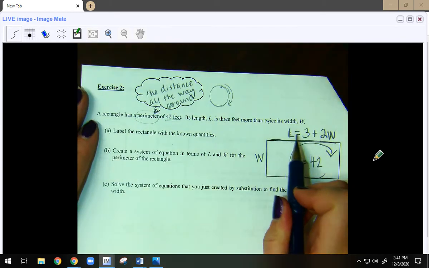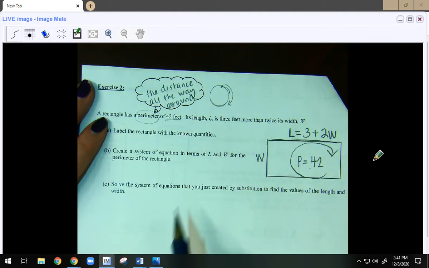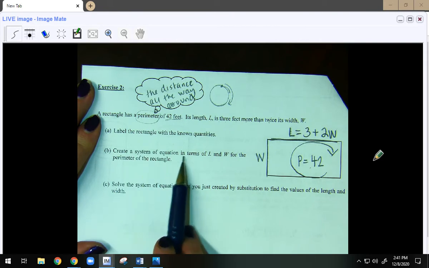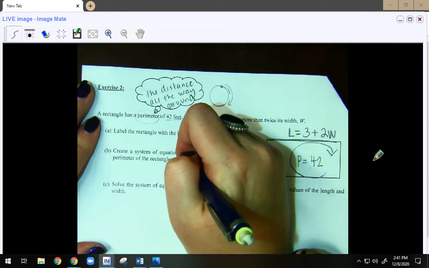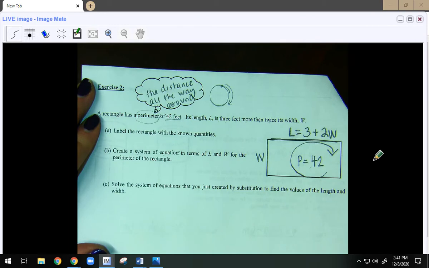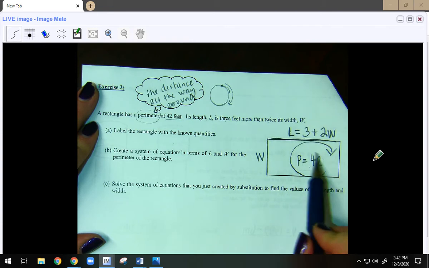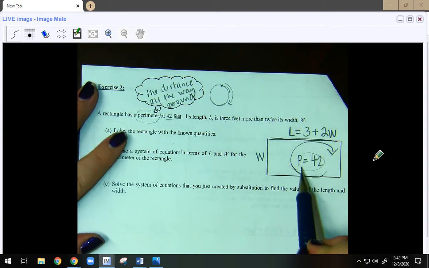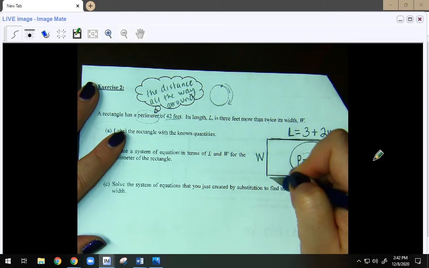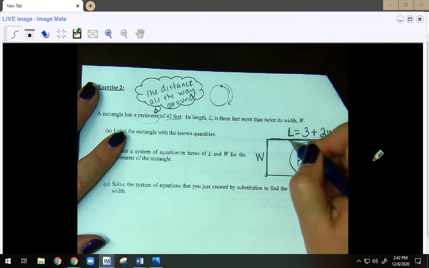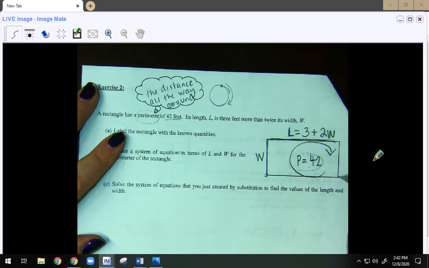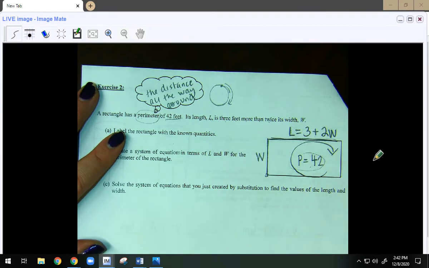That's what L is. Okay, create a system of equations in terms of L and W for the perimeter of the rectangle. Well, the first thing we have to talk about is how are these two things related? How do you get a perimeter? The perimeter would be how many times you would walk around L, walk around W, walk around L again, and W again.